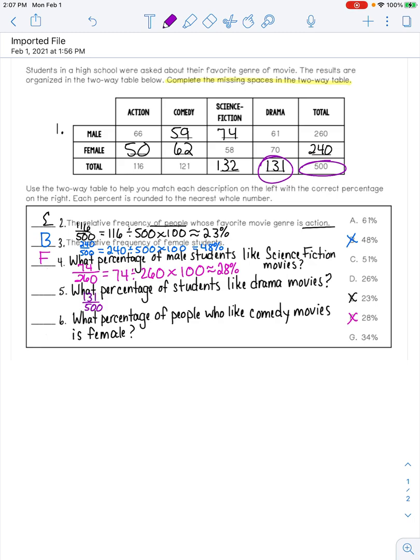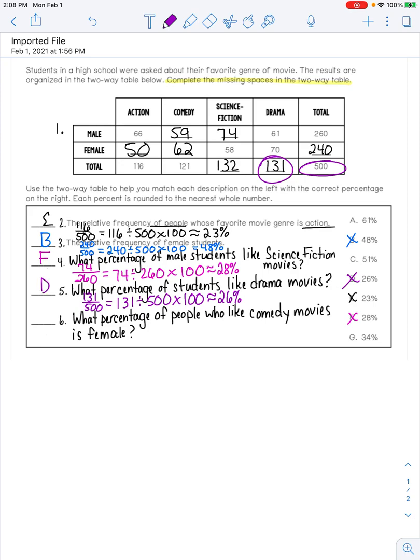So 131 out of 500 people like drama movies. But let's change it to a percent. Top divided by the bottom times 100. So I'm going to type that in. I'm going to do 131 divided by 500 times 100, which is about 26%. And when I look, that's choice D. So number 5 is choice D.